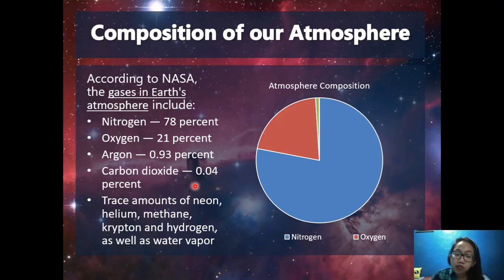However, even small changes in the percentage of our atmosphere have drastic effects on our environment, causing climate change in general. So do not underestimate that 0.04%. Okay, so aside from the elements that I have mentioned here, we have some neon, helium, methane, krypton, and hydrogen just moving around in the atmosphere.